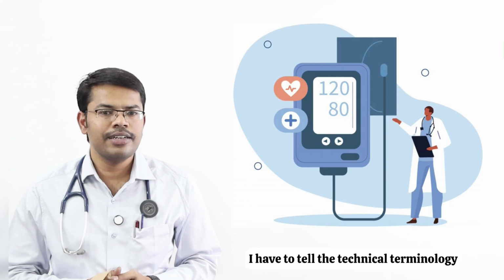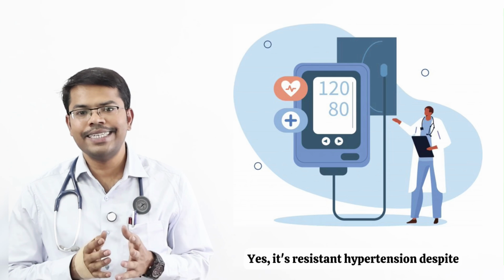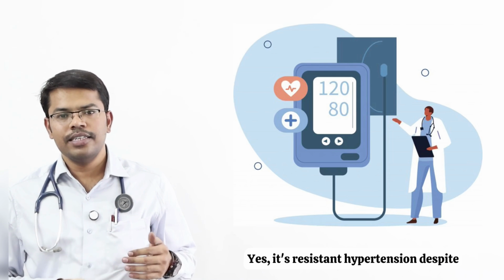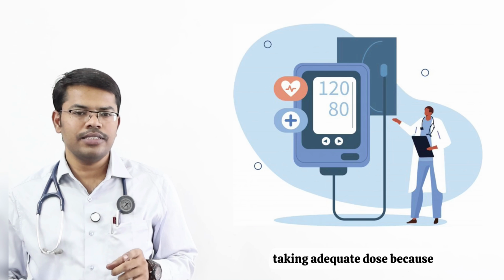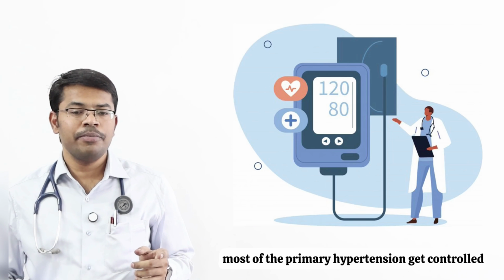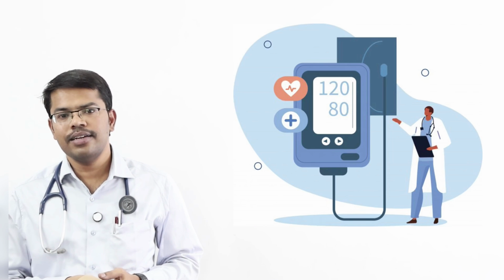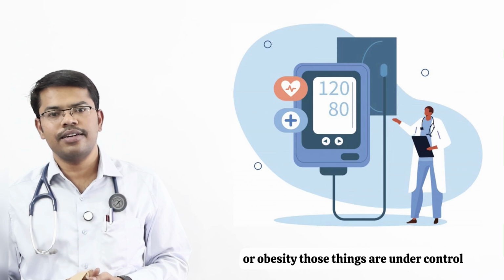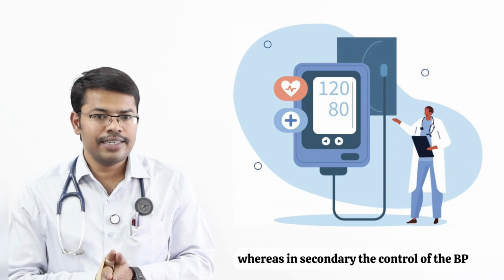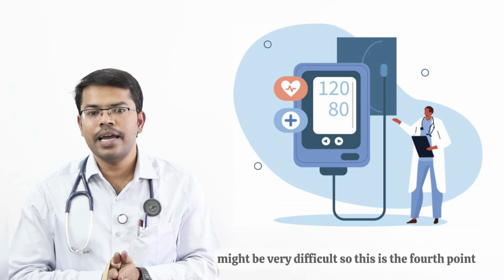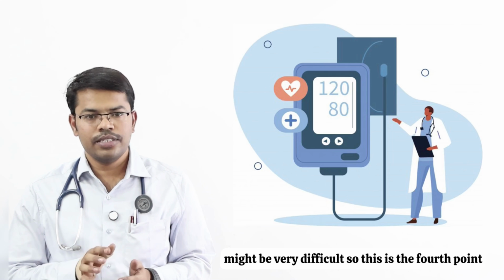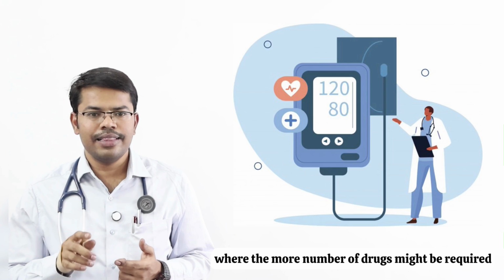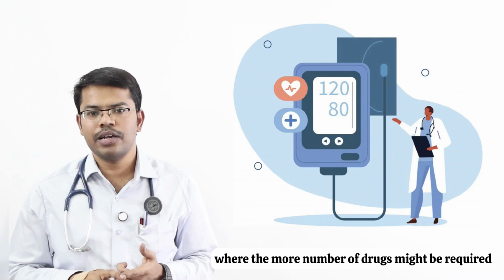The technical terminology is resistant hypertension despite taking an adequate dose, because most primary hypertension gets controlled with even 1 drug if the lifestyle changes or obesity are under control. Whereas in secondary, control of the BP might be very difficult. So this is the fourth point, where more drugs might be required to control the BP.